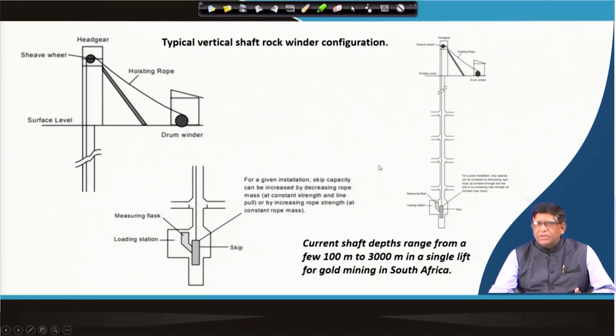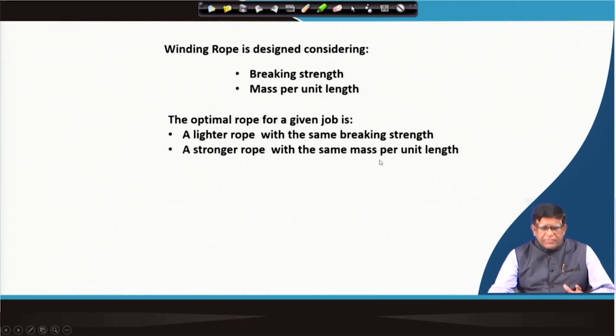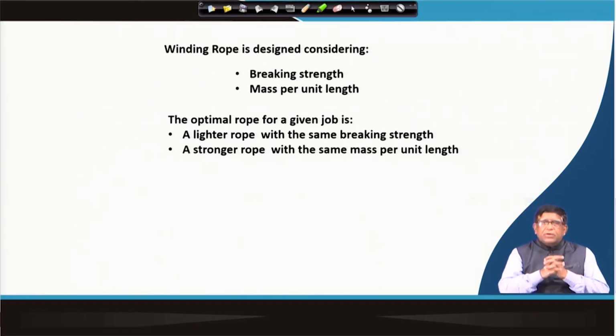Those types of questions will also come. Now, when we are designing a winding system, the first component is the wire rope.